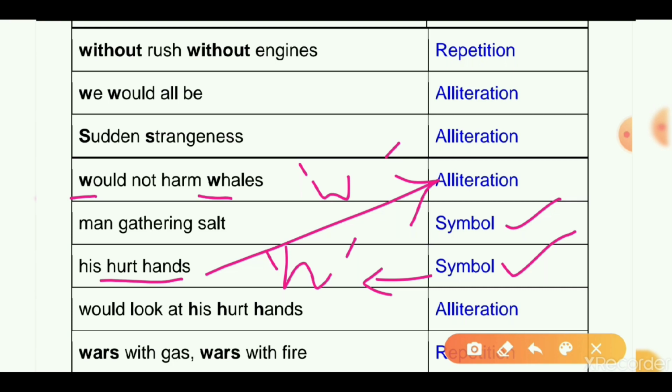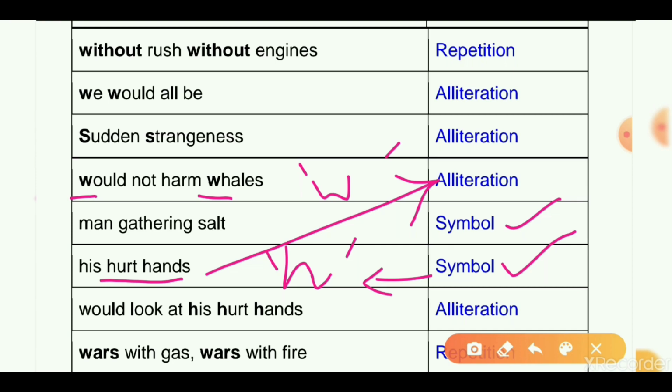Similarly, human beings here on earth have been recklessly degrading the environment without thinking that it is we who are going to be harmed because of the deteriorating ecosystem. So here is a symbol. Then "hurt hands", I've told you, is a symbol again.